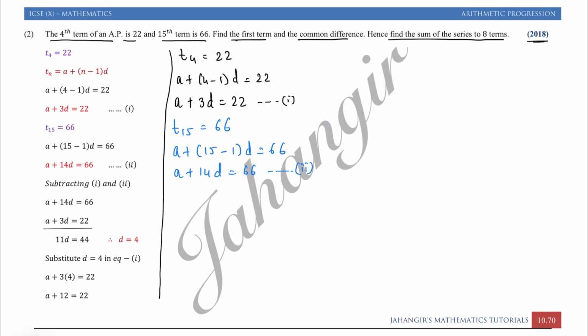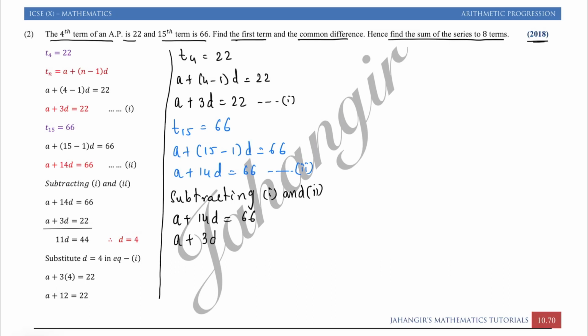Now once you get two equations, we will solve this using the simultaneous equation method. So subtracting 1 and 2. A plus 14D is equal to 66.